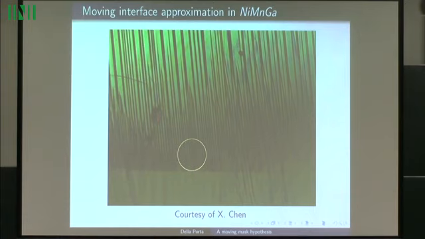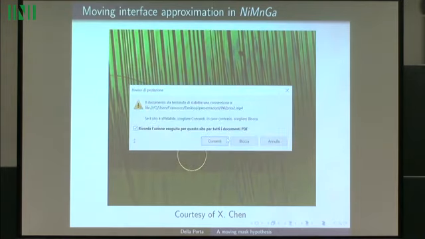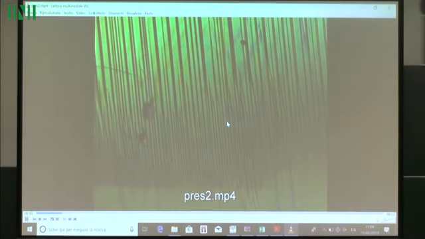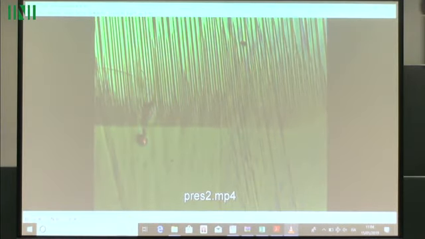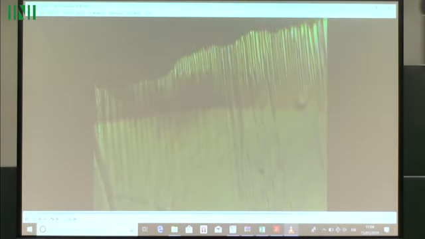For example, in this experiment in nickel manganese gallium, if we consider the average deformation gradient, a deformation gradient which is an average of what happens, for example, at the scale of this yellow ball, again what we observe is a similar moving mask idea, where we have these two domains and this interface moving, and except for the smaller relaxation of the twinning given by the interfacial energy effects, it seems that the moving mask approximation is true.